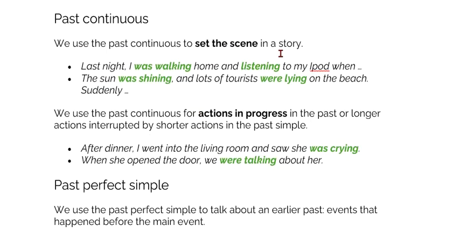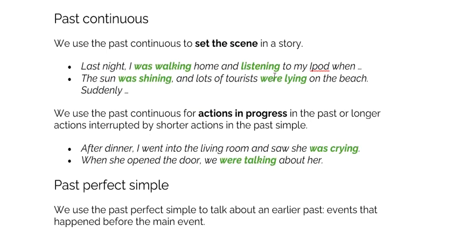The background is the scene in which the main event happened. So we can create a scene, a background using past continuous, and in that scene, the main event happens.